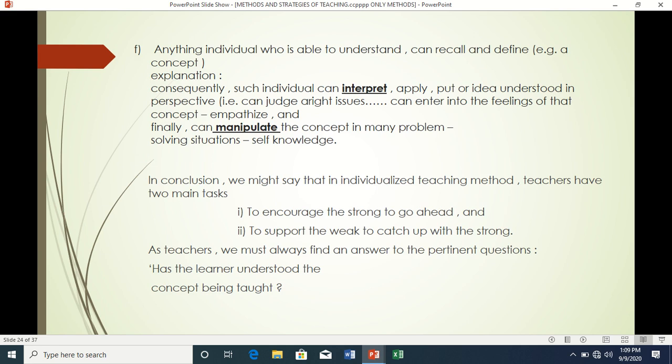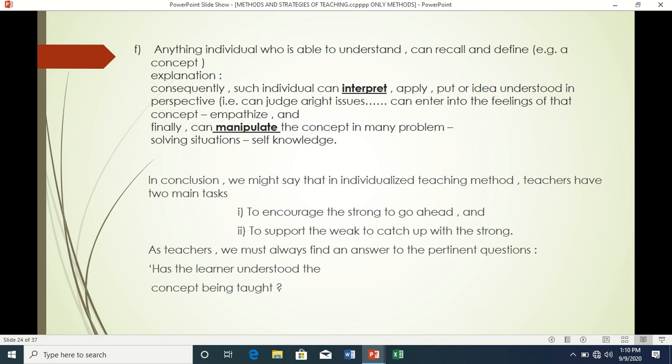So anytime an individual is able to understand, understanding has to do with recall and definition. You are defining a concept by explaining it. And so consequently you realize that such an individual can do the interpretation. He can do the application. He can put the idea that has been understood in perspective.